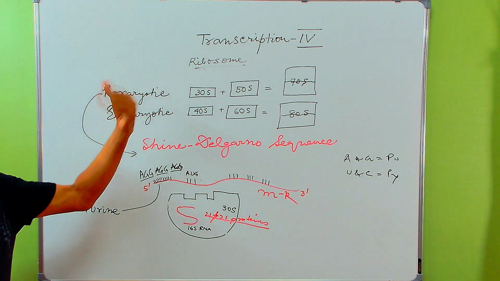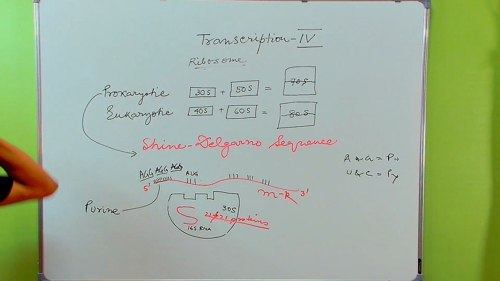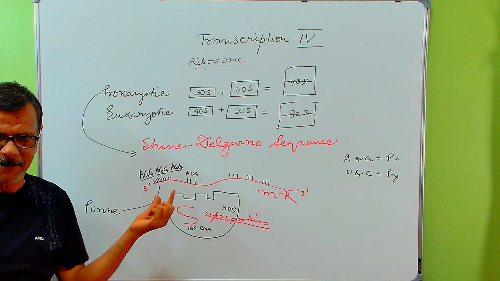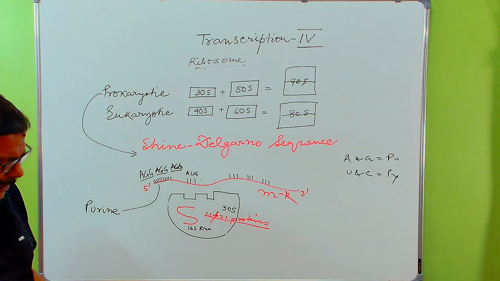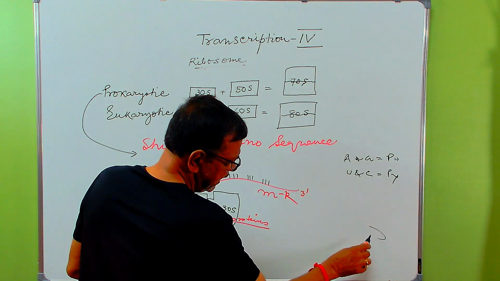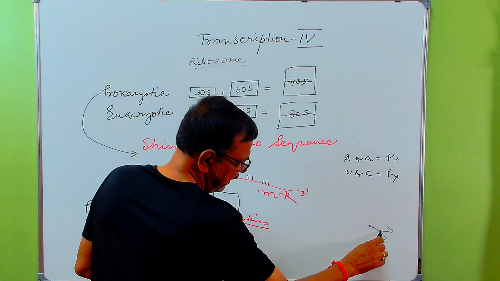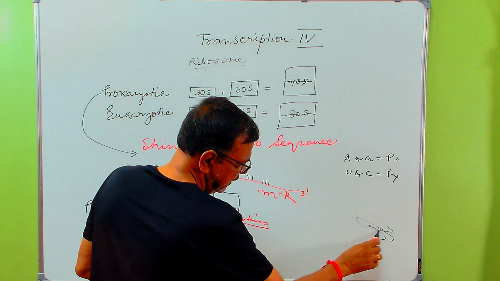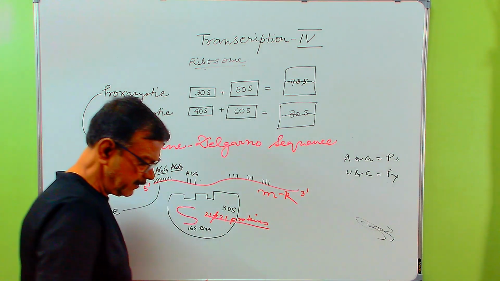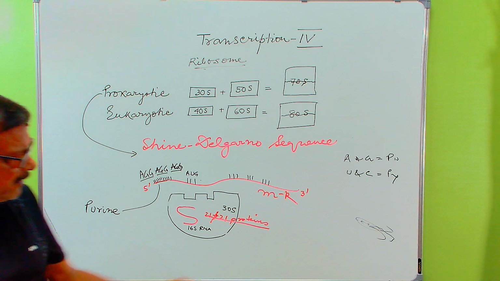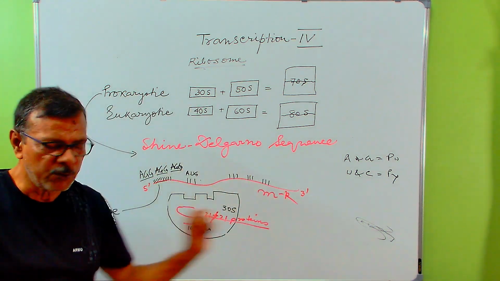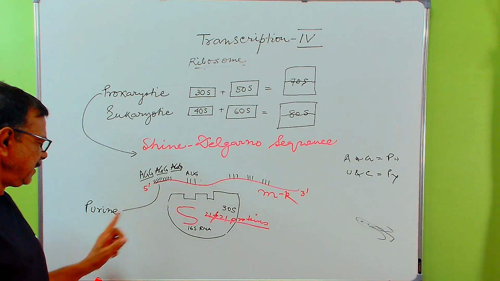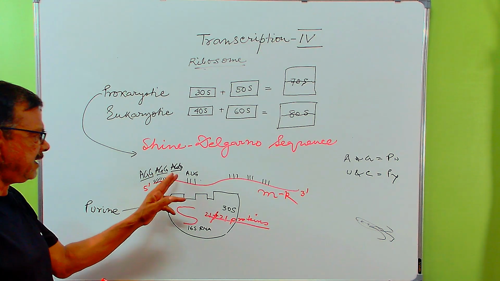Actually, this is a sticky area. They act like anchors. Anchor means, in an anchor there are some hooks. In anchors, we have seen in a seaport. These act like anchors or hooks. They are rich in purine bases like this.